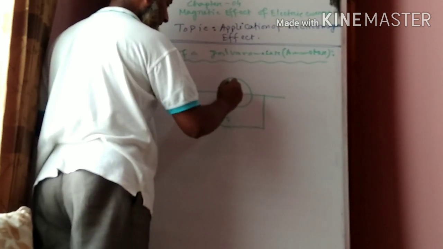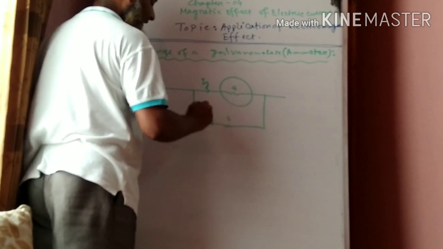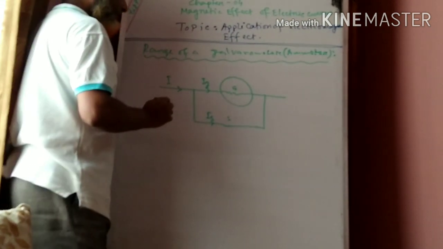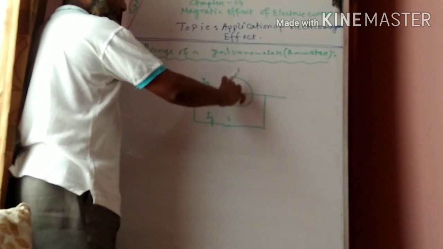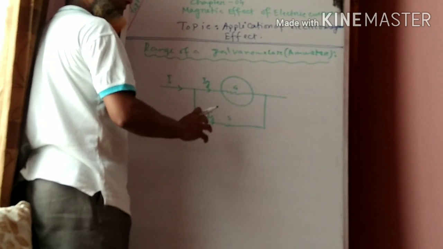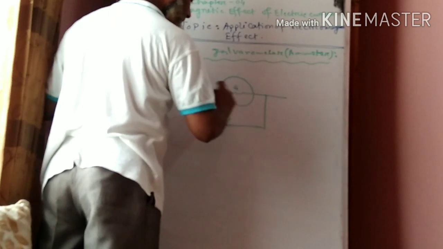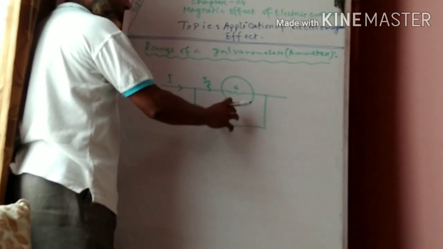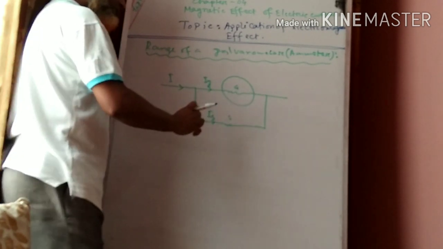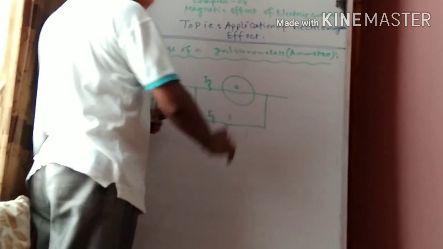G was the galvanometer resistance, the flow of current was Ig, the current across the shunt is Is, and the total current is I. Now I include another small resistance in parallel with the shunt, so that the total equivalent resistance will decrease and it can measure more current.